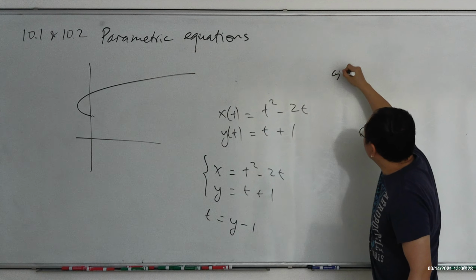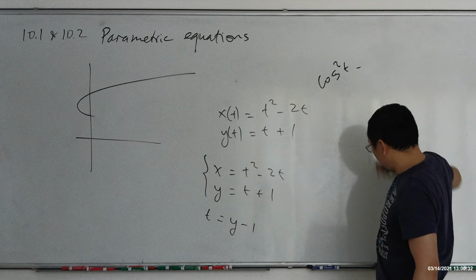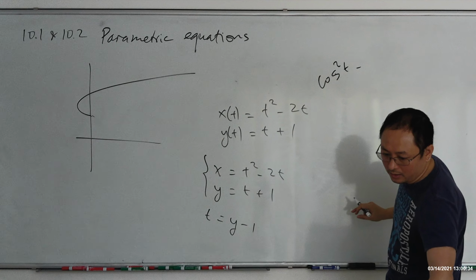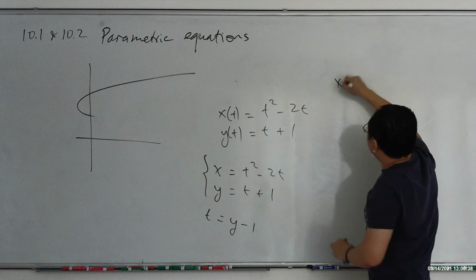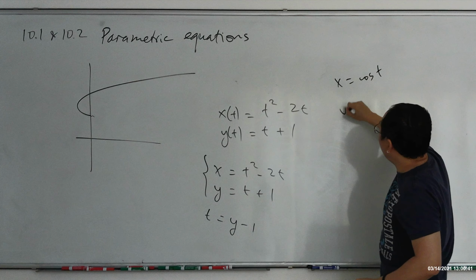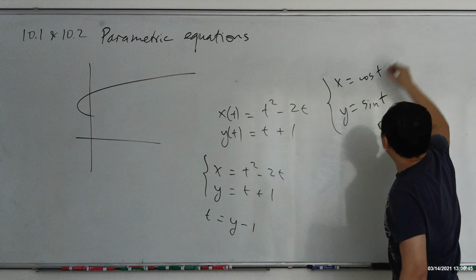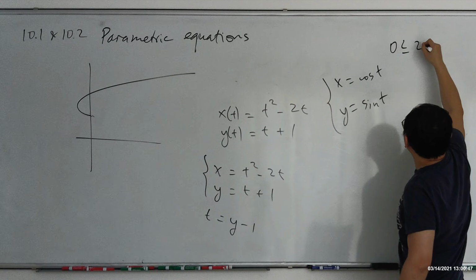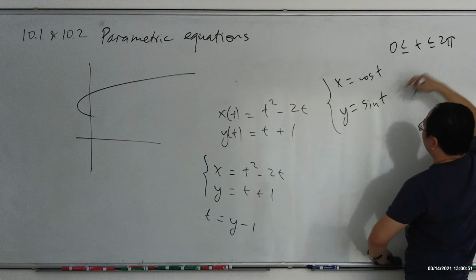Now look at this. Say cosine first, right? x equal to cosine of t, y is equal to sine of t, where t runs from 0 to 2 pi. You know what this is?